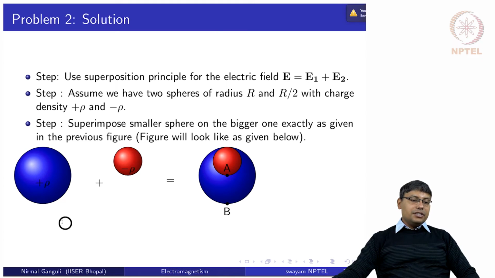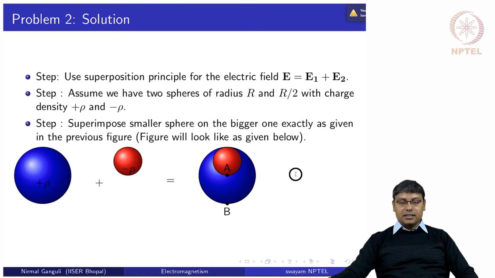So, this kind of a situation: here is the bigger sphere with plus rho charge density, and here is a smaller sphere in red with minus rho charge density. Now, if we superimpose them like shown here, the charge density in this smaller spherical region will become 0, plus rho and minus rho will cancel each other exactly.